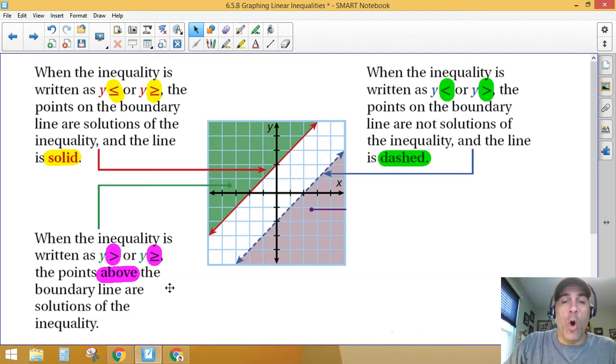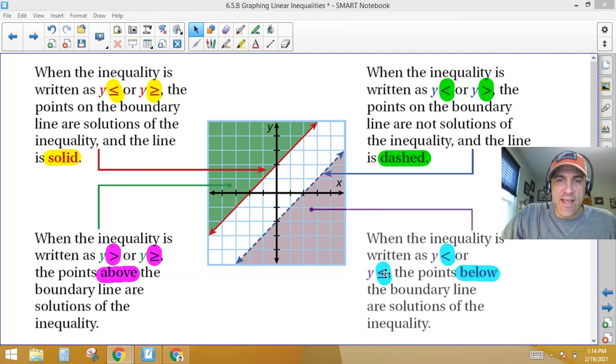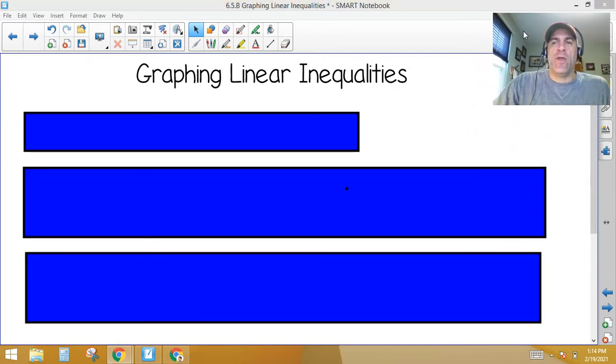And that will be all the points. So all the points in green up here would be a solution to that inequality. And then if it's less than or equal to, y is lower than that, you shade below your line. So this is the process on how to do this.